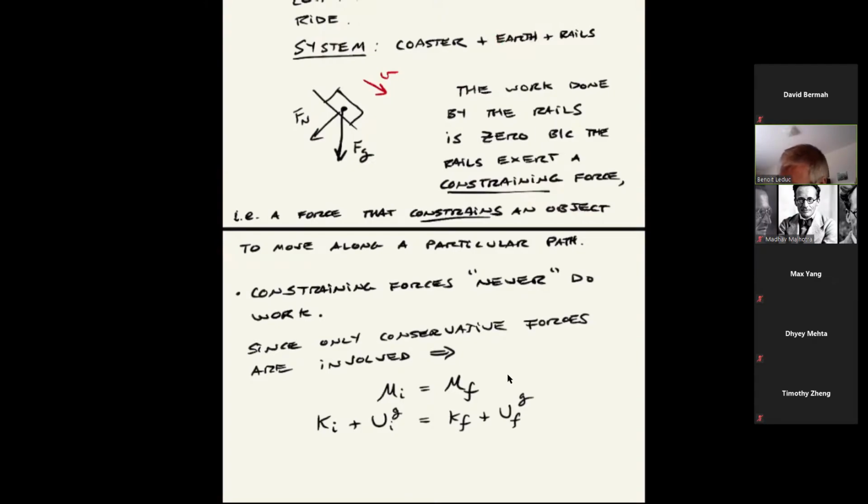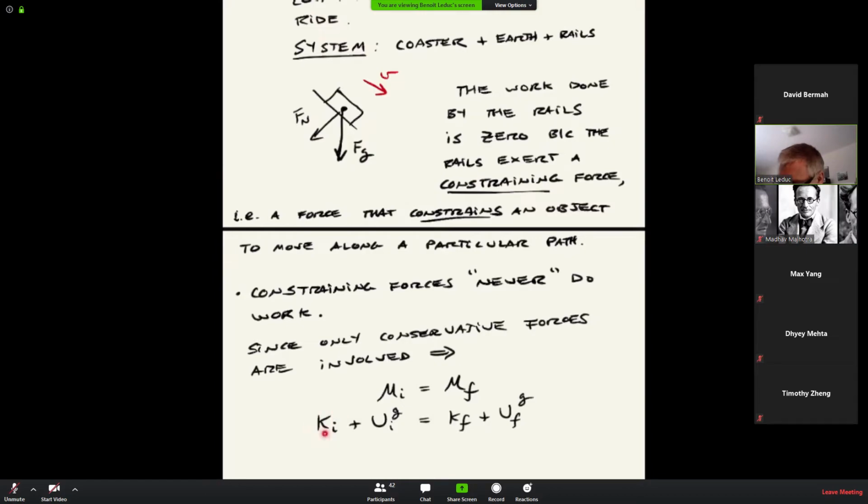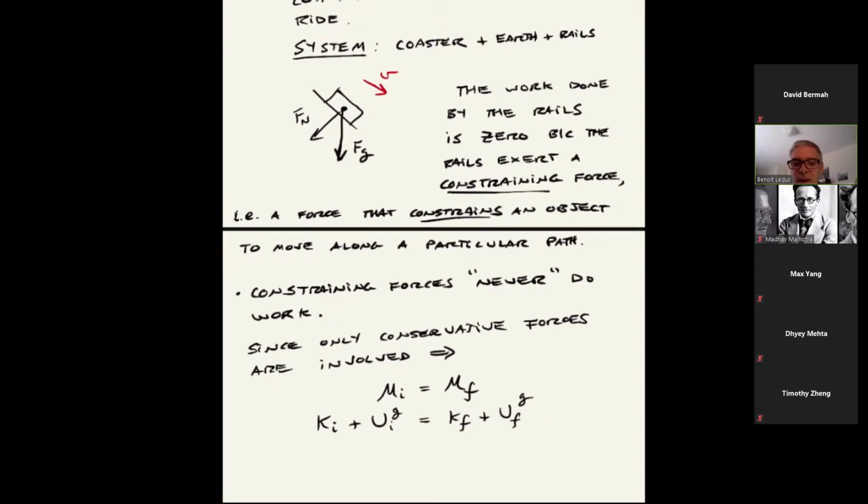If you want to use the gravitational potential energy, you have to put the Earth as part of the system. Why do we not care about the kinetic energy of the Earth? You might guess it's because while this thing goes down, the Earth will hardly move. The Earth is so much more massive than anything else that there's hardly any change in its kinetic energy. So that's why we don't include the kinetic energy of the Earth. I'll come back to this next year.